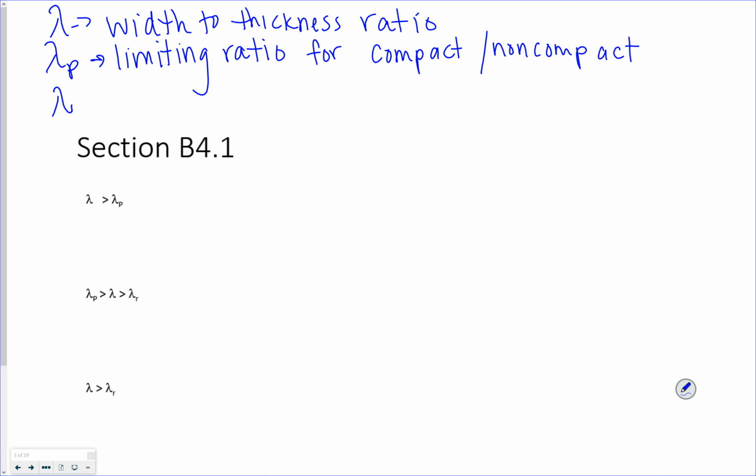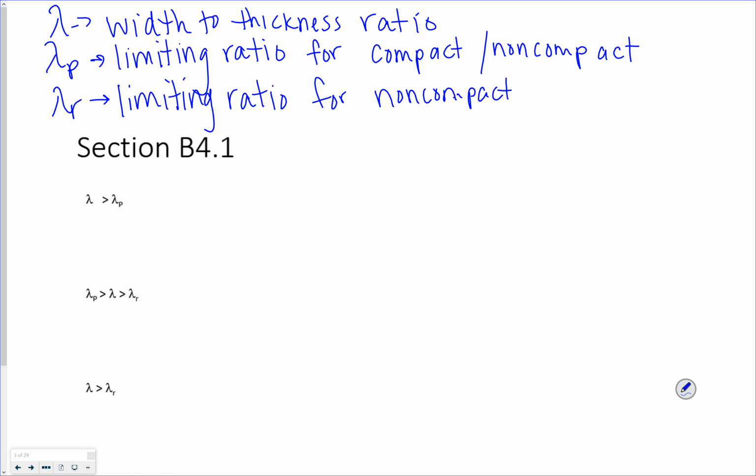And then lambda r, which is my limiting ratio for non-compact, compact versus slender. And we're going to define what those mean.